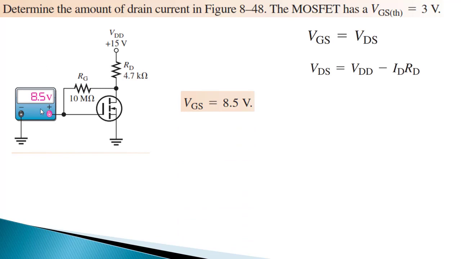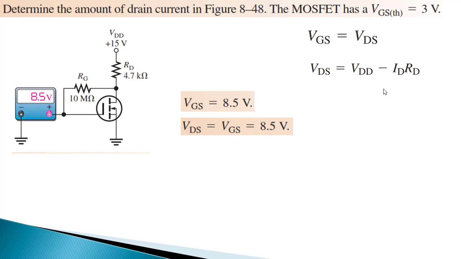Given in the figure, the gate is connected to the drain, so VGS is equal to 8.5 volt, so VDS is also 8.5 volt. So VDS is equal to VGS. In the drain feedback bias, VGS is equal to VDS. So here the VGS is 8.5 volt, and VDS is also 8.5 volt.